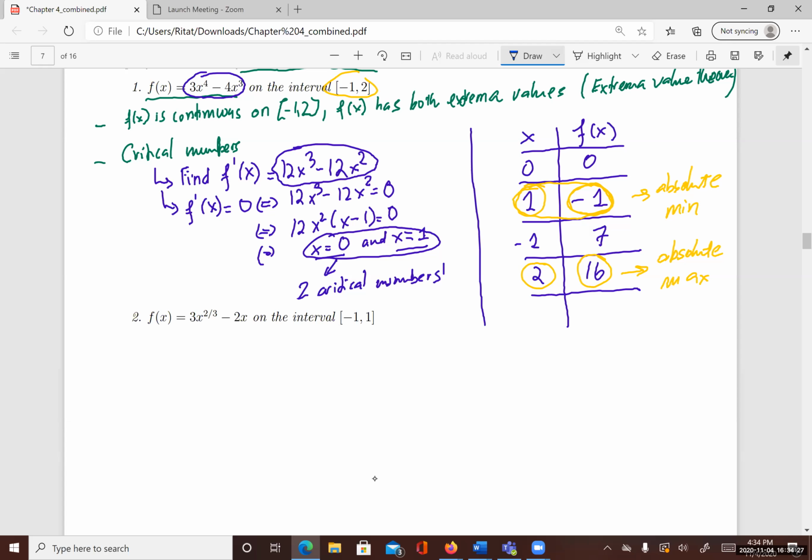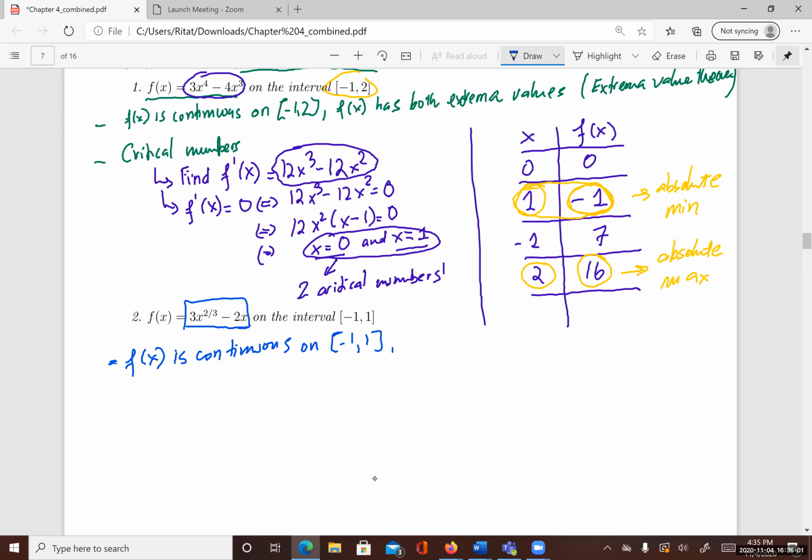You see that for f of x, there are no restrictions for the input value of x, meaning the domain of this function is all the real values from -infinity to +infinity, meaning the function f of x is continuous everywhere, especially continuous on this closed interval.